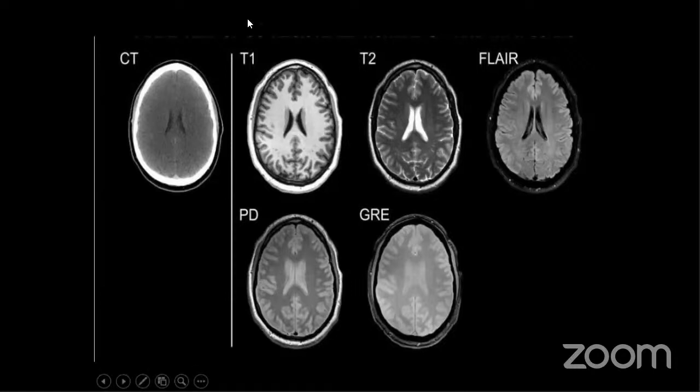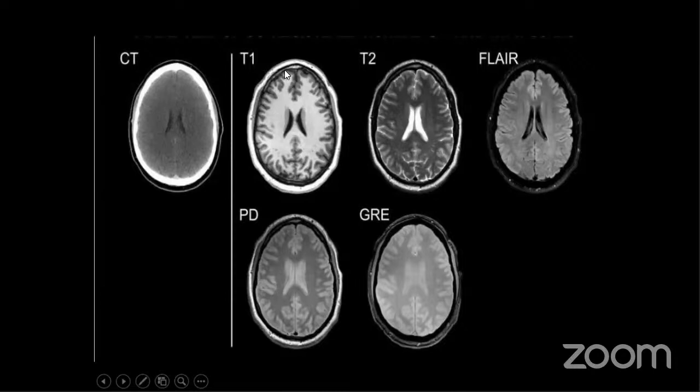One more thing that you need to know, because there is the FLAIR sequence. It is a T2 sequence where you're just suppressing the fluid. How will you differentiate T1 from FLAIR? Sometimes you will end up getting confused between T1 and FLAIR sequences. Just remember, in T1, gray matter is gray and white matter is white.